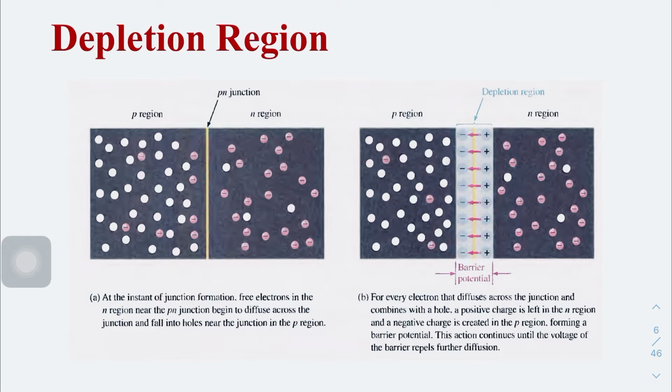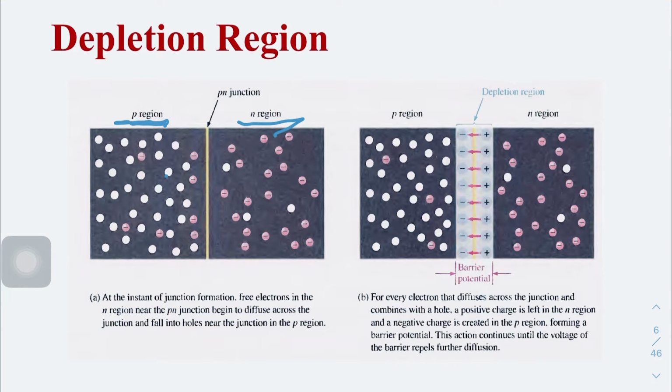At the first moment of the fabrication of the p-n junction, as we said, we added donor impurity atoms to the n side and acceptor impurity atoms to the p side. Therefore, we get free electrons in the n side and free holes in the p side.